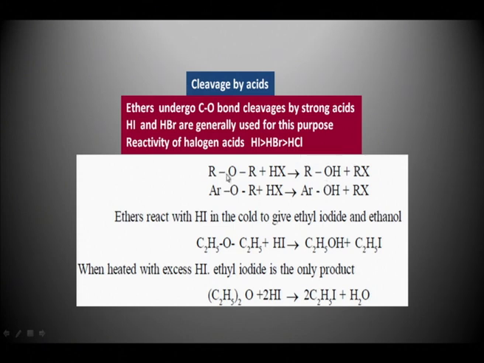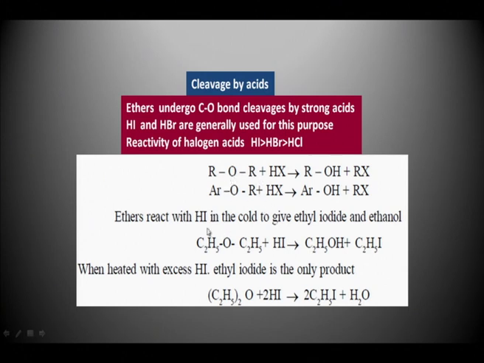If you take unsymmetrical ethers, where one is an alkyl group and the other is an aryl group, the bond cleavage takes place between the oxygen and the alkyl group, and we get phenol and an alkyl halide. In this way the C-O bond cleavage takes place.